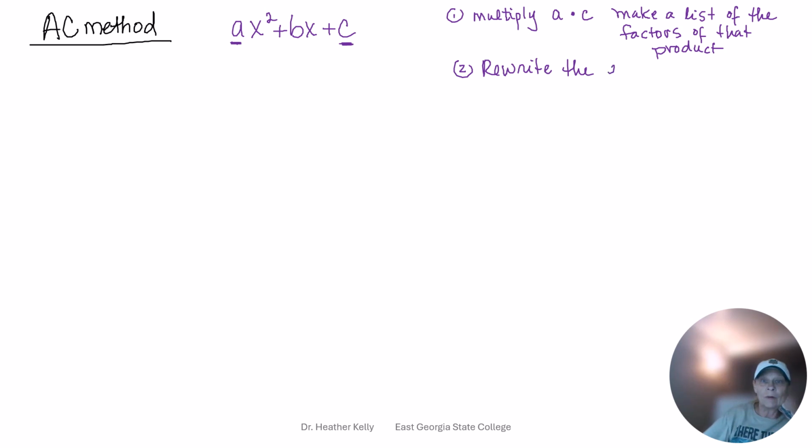We rewrite the expression with the pair that sums to be the middle term. Okay, and then finally we factor by grouping.